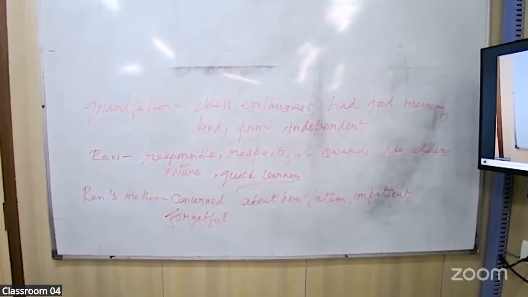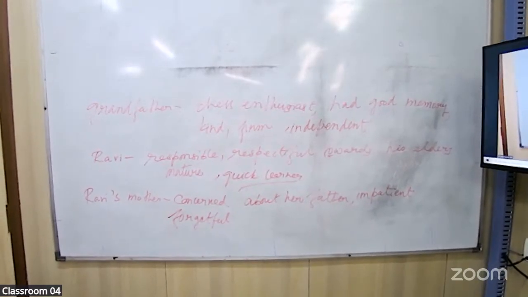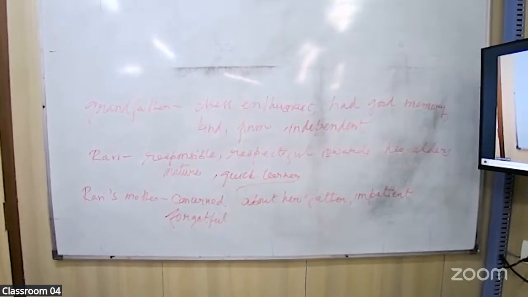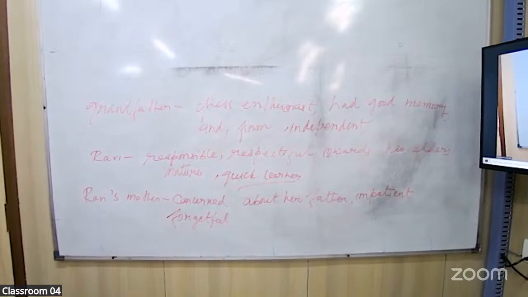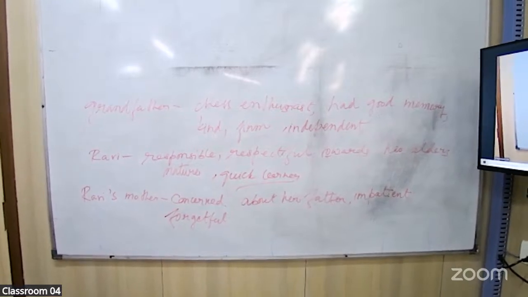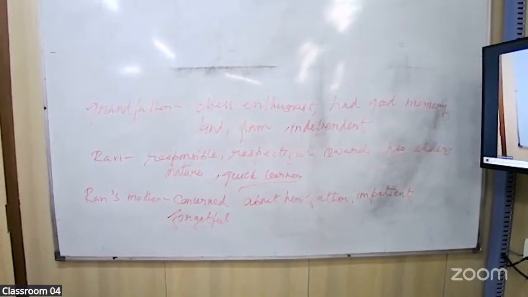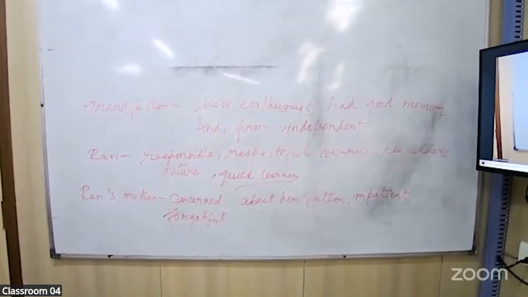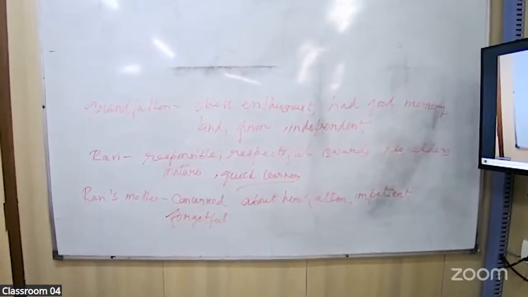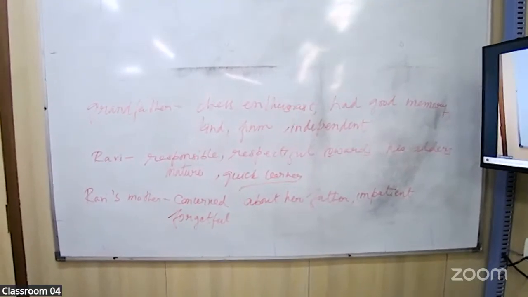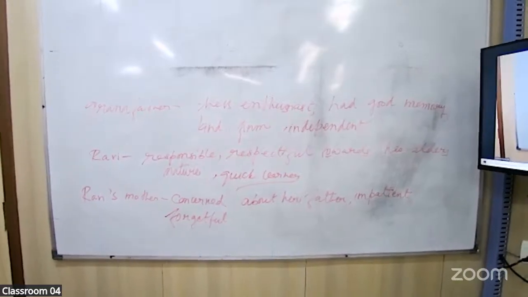Why was Ravi worried about what grandfather had at the tea stall? First you need to mention what all things he had at the tea stall. What did he have? Tea, and the tea is full of sugar. Yes, sugary tea. Very good. Then what did he have? Bananas. Then there was something else also.